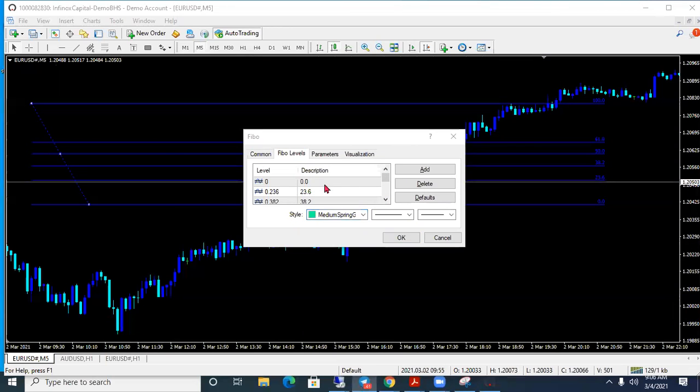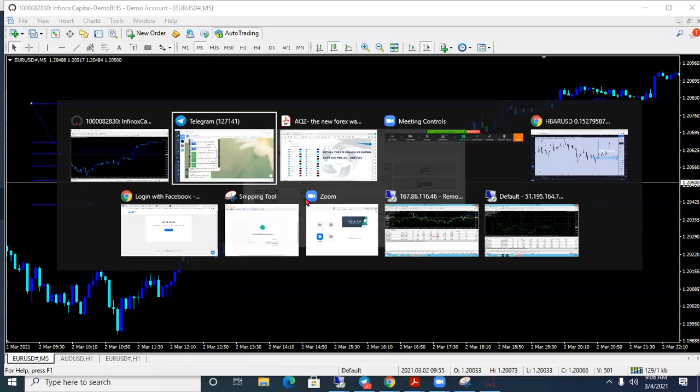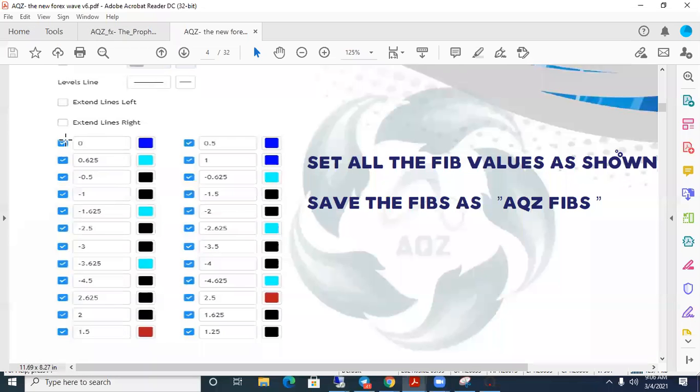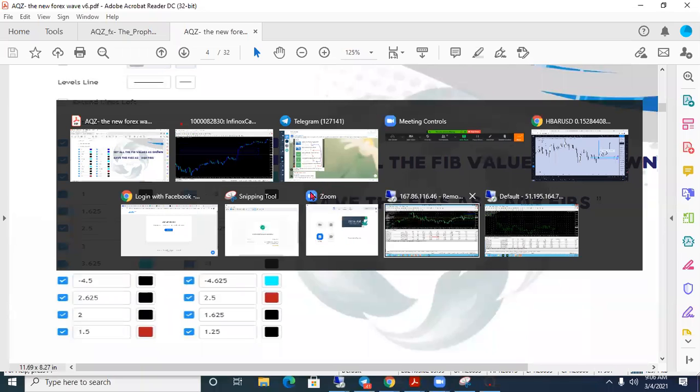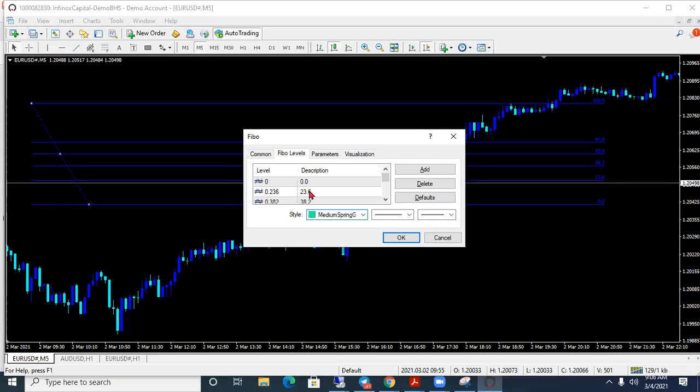So you have your PDF here. It tells you you have 0.5, so you come here and change your level to 0.5.